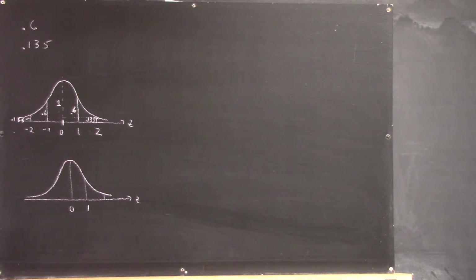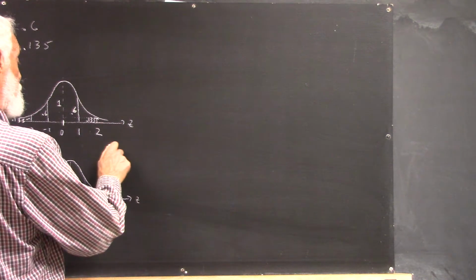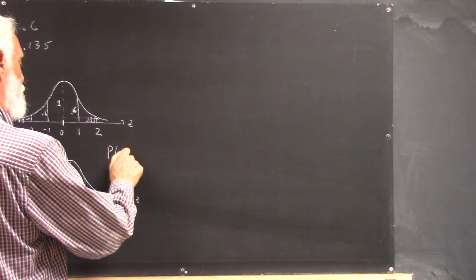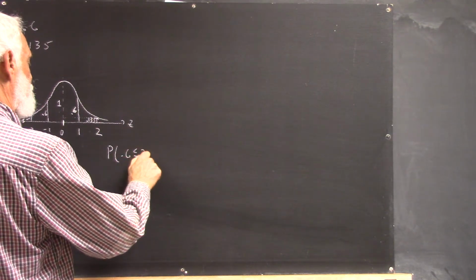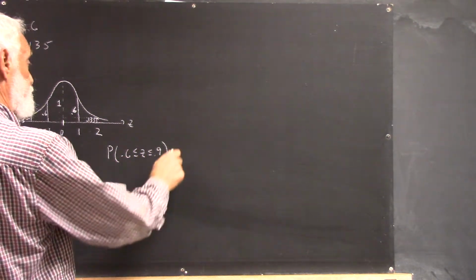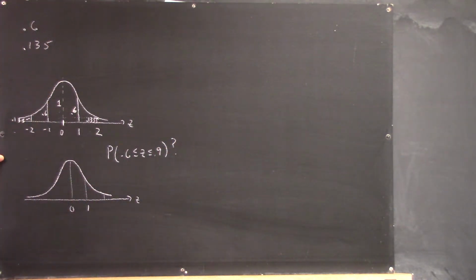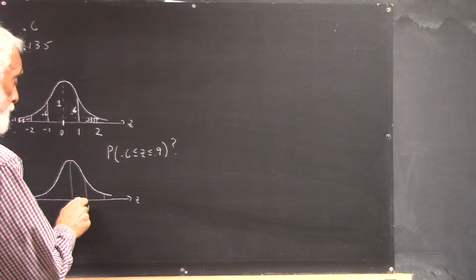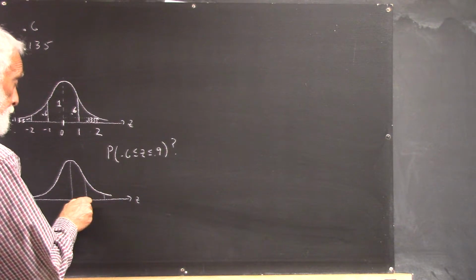Okay? So I can write it this way. Probability 0.6 less than or equal to z less than or equal to 0.9. Well, you can find 0.6 and 0.9 here.